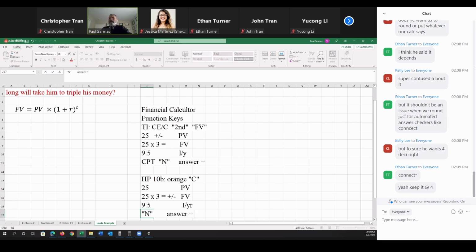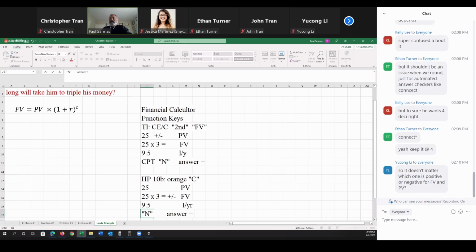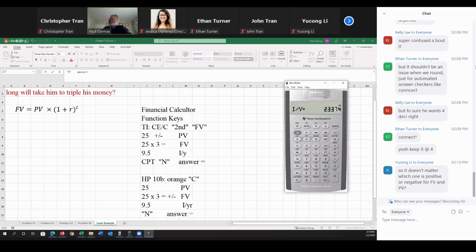So let's do it. Let's start with Texas Instruments. CE/C, second function, FV. You cleared the calculator. 25, change sign. That's your present value. So it becomes minus 25, present value.